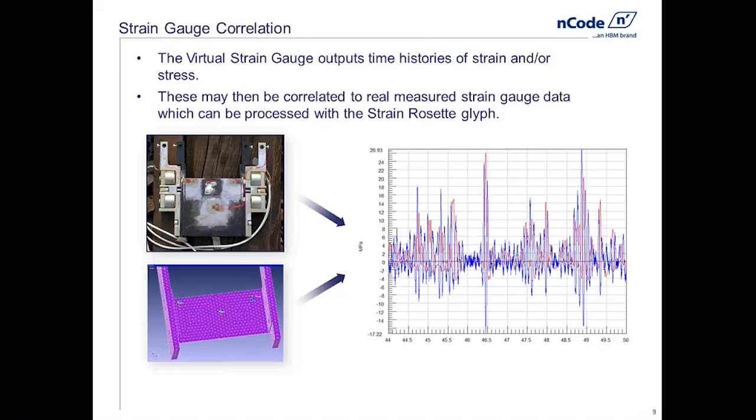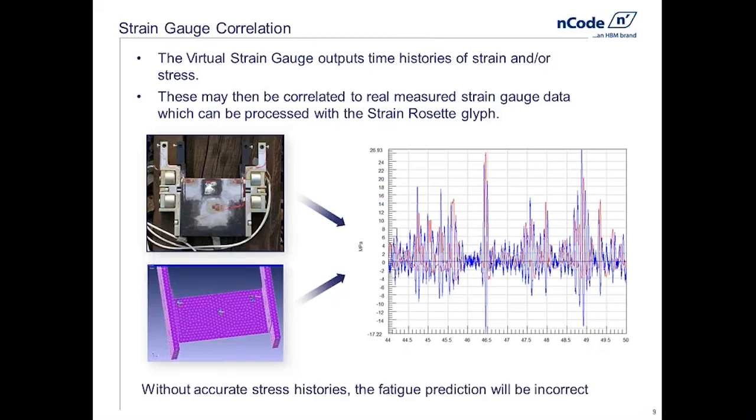The goal of the virtual strain gauge is, again, to allow me to take my FE model and output strain histories that would mimic what I would be able to measure in the field or in the test lab. These strain histories can be brought in and physically overlaid with the actual measured strains.